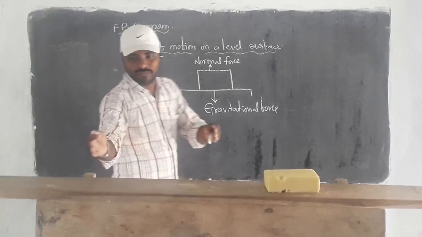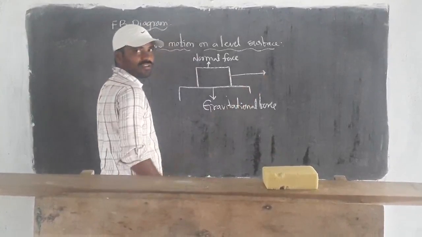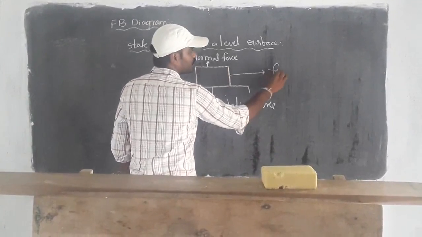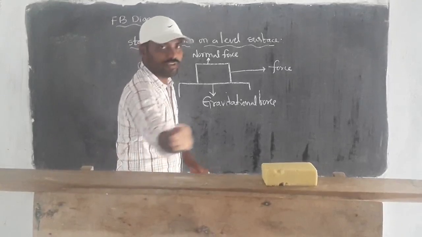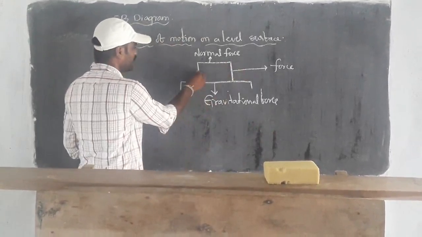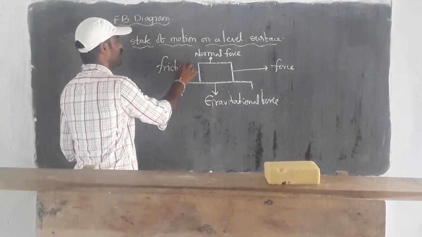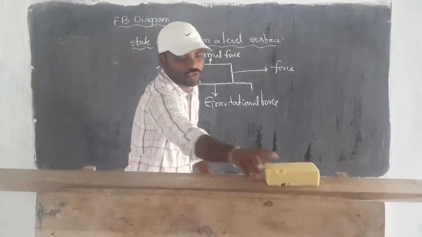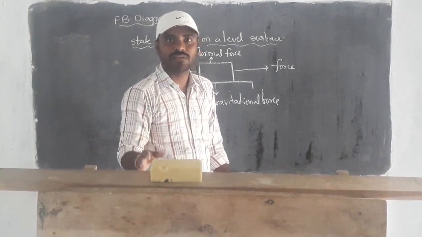Then it is moving from right to left. So is it moving in this side or not? That indicates the force applied by me, in the same direction. Then in the opposite direction, we have the existence of friction. If I stop applying the force, ultimately what happens?